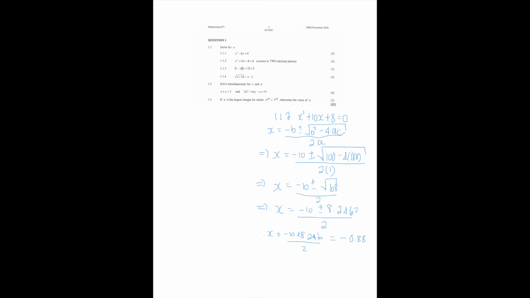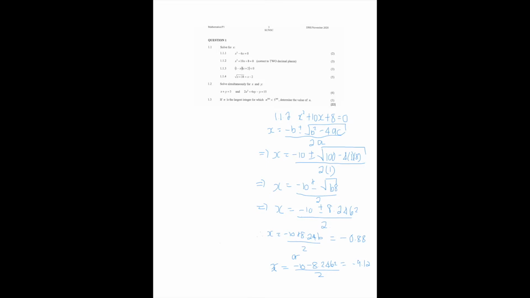You should get negative 0.88, or x is equal to minus 10 minus 8.2462 all over 2, which is equal to negative 9.12, correct to 2 decimal places.